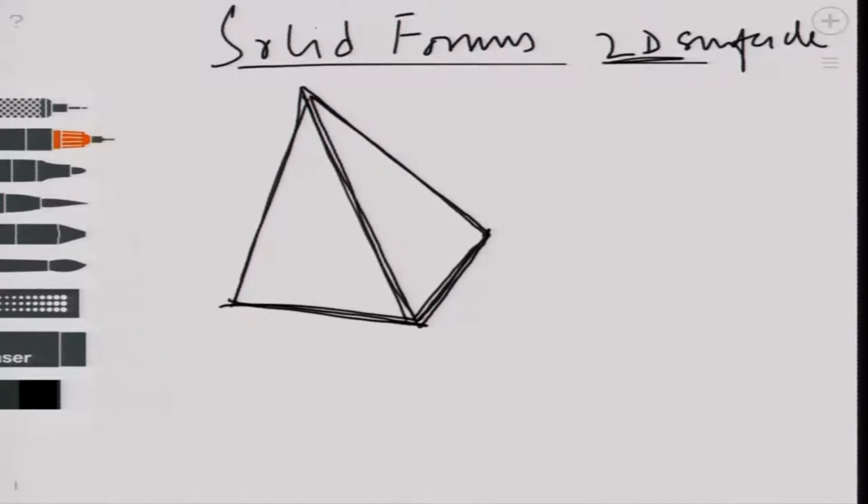But still we cannot call it a linear form, because a linear formation will give you a different sense. A linear formation will try to create a volume with the help of line. So, it is not just the contour line, but it will give you a sense of line which will help it to form.